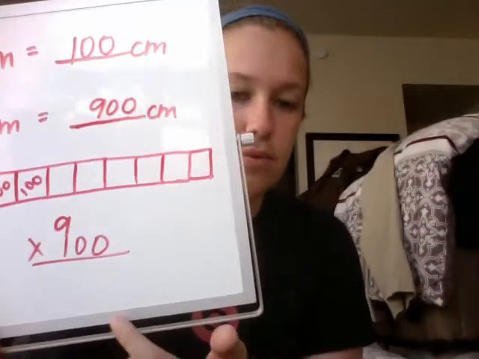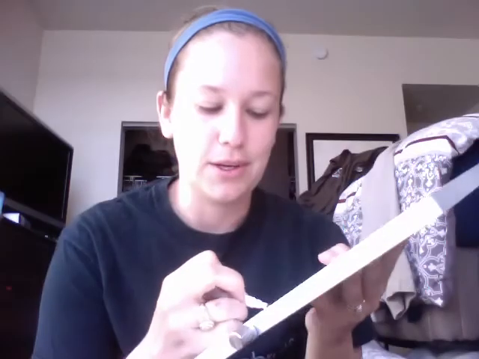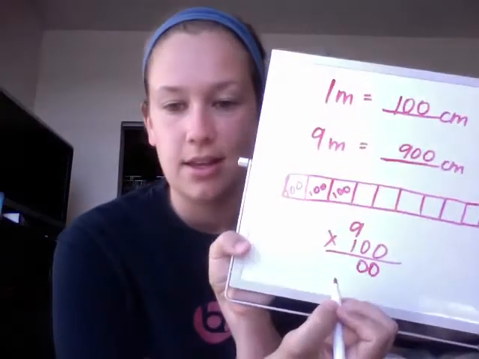If you don't know how to multiply by 10 or 100, just in your brain, think of it as hanging the zeros off to the side. And then that just looks like one huge 9. That's 9 times 100. So you can just immediately bring your zeros down, and then 9 times 1 is 9.